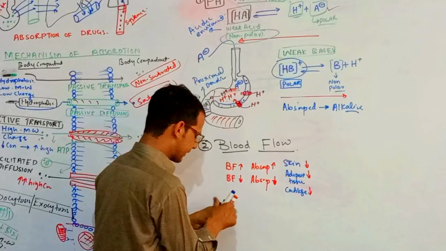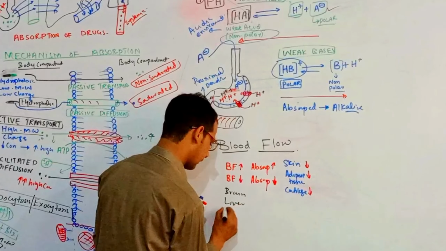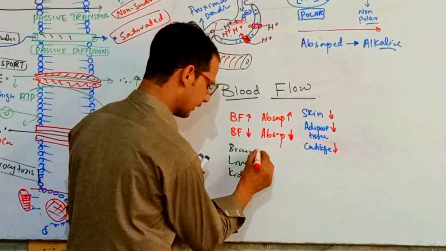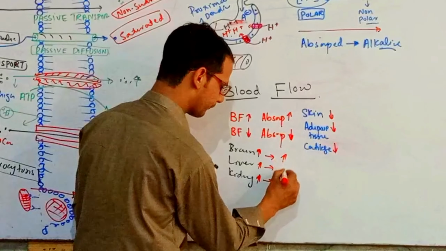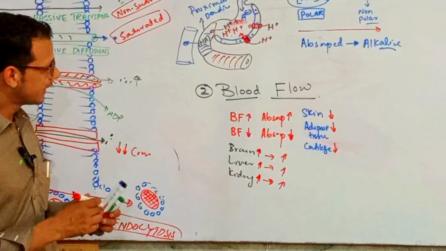And for example, we have brain, liver, kidney. These organs have very high blood flow, so drug absorption will be very high from these organs, right?